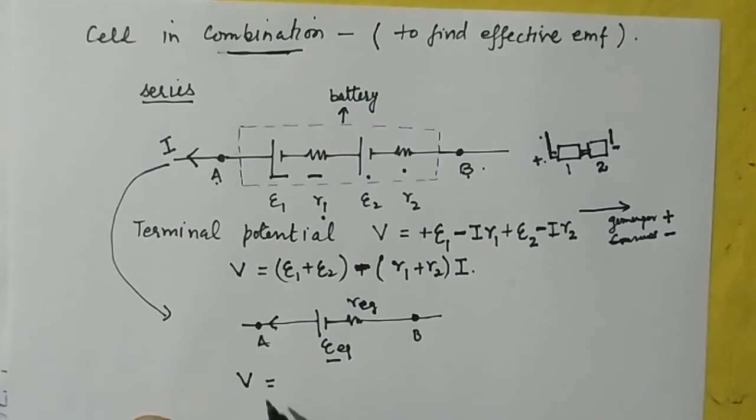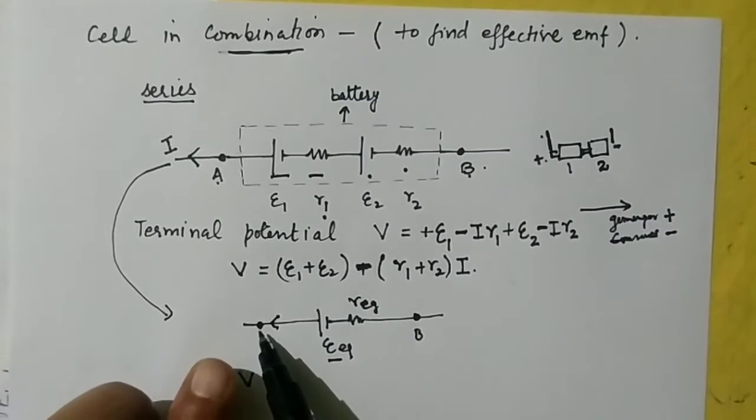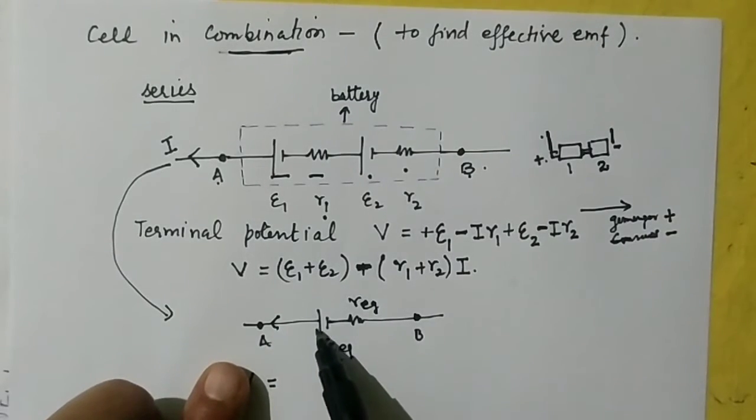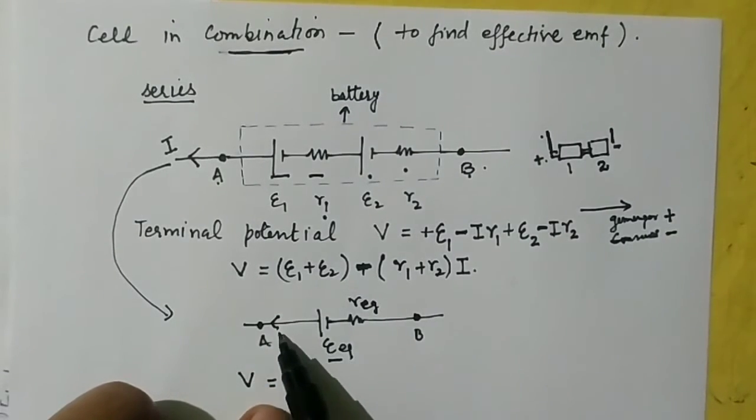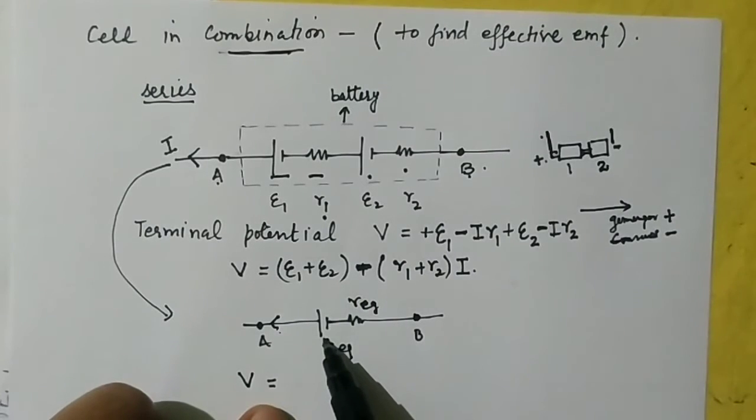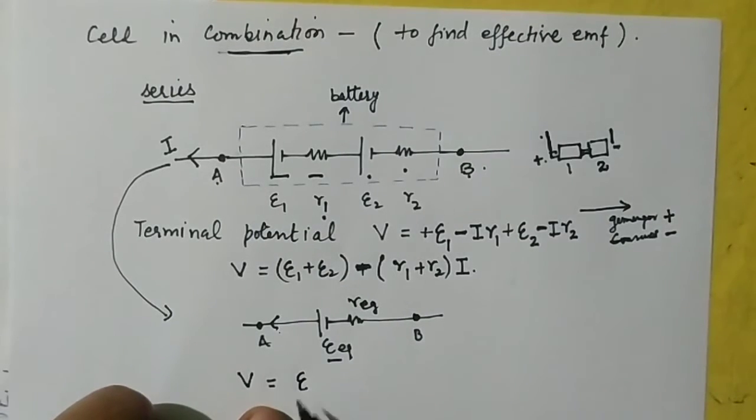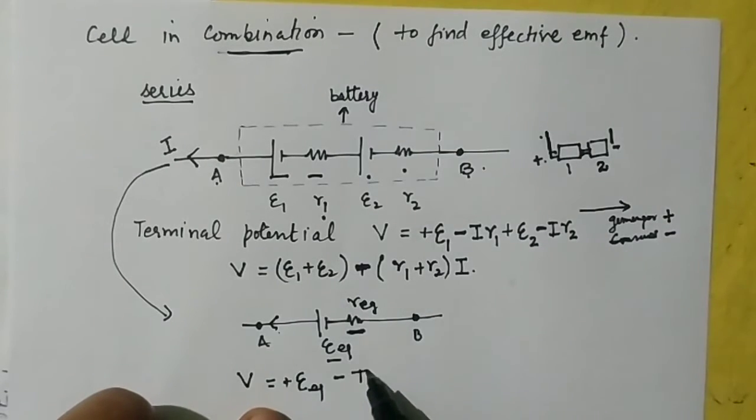The same way, we start from A. As you move from A, here also the direction of current is according to this cell. It generates the electric potential to the external circuit, so it is positive. And minus the potential drop, since resistance always causes a loss of potential, it is I into R equivalent.